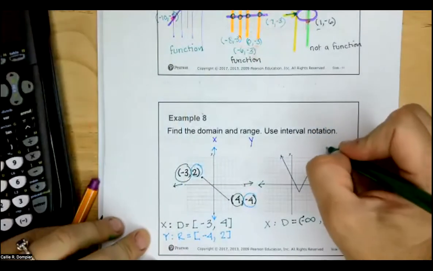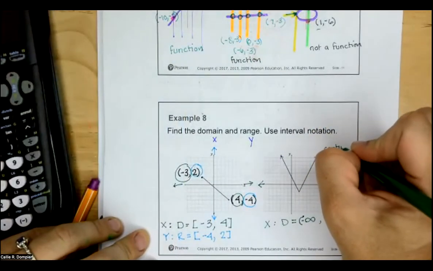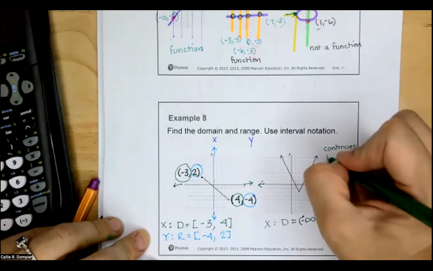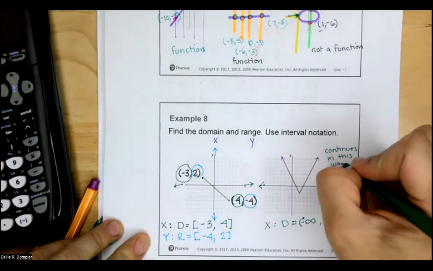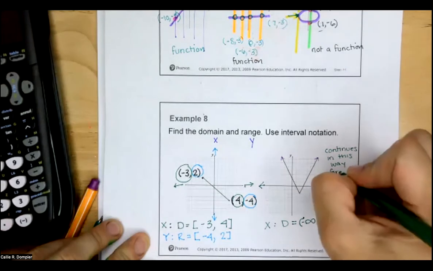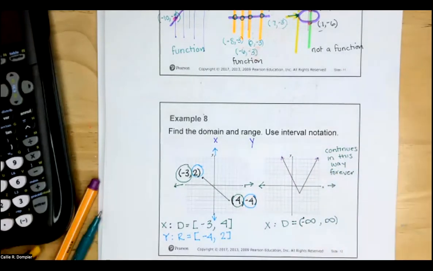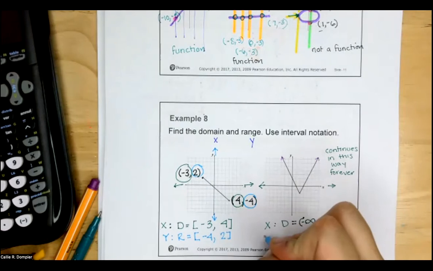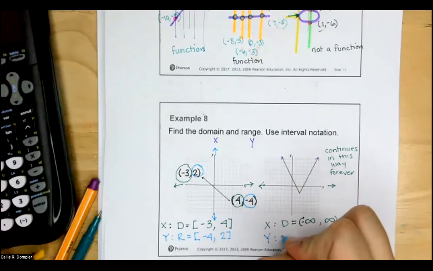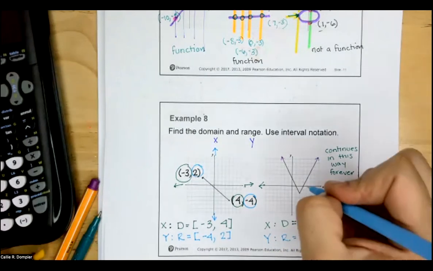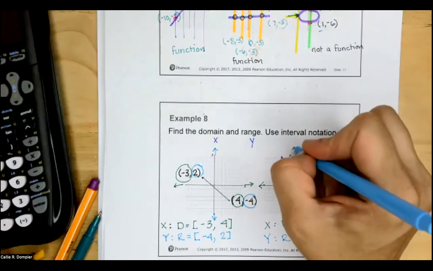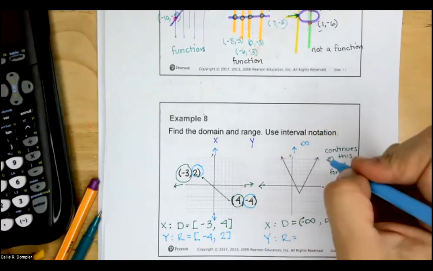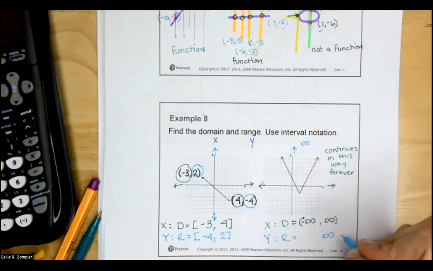Arrows means it continues in this way forever. Good. However, y, not quite. Y is my range. My range goes positive y forever, right? So that's definitely infinity. It definitely ends with infinity.